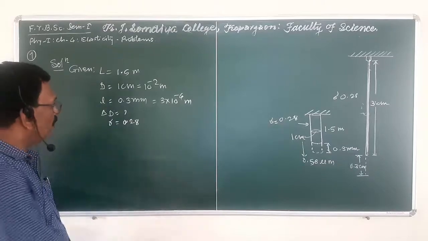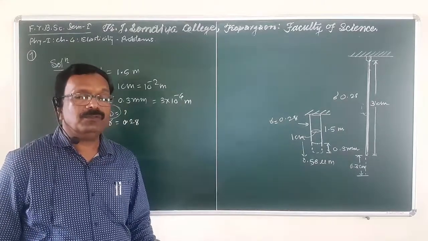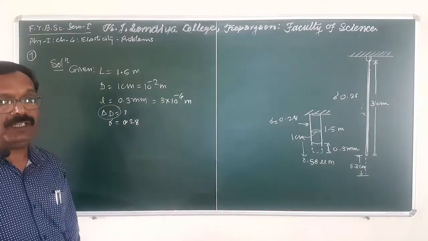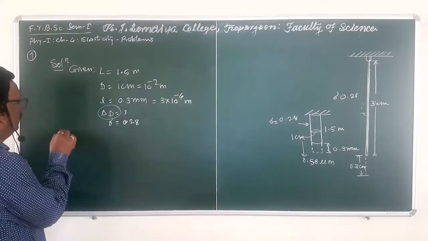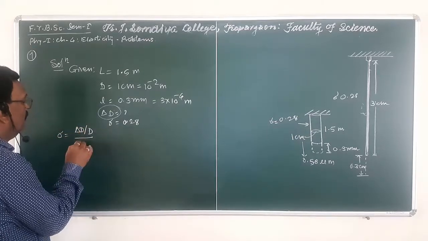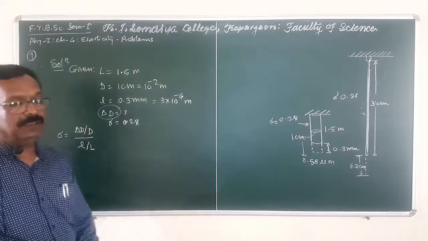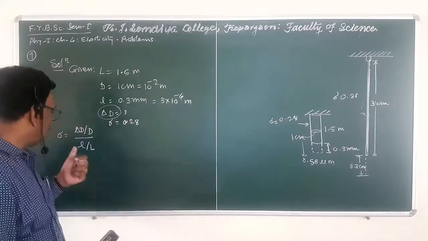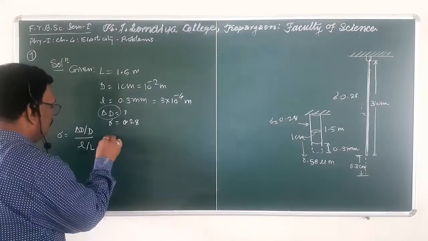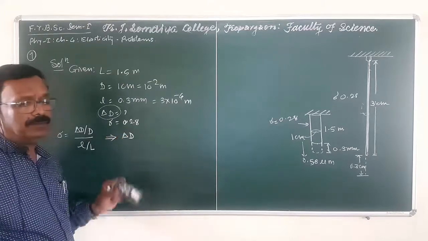Now in order to find this quantity, that is change in diameter, we have to consider the Poisson's ratio. And Poisson's ratio for a cylindrical metal rod is nothing but sigma equal to change in diameter divided by original diameter upon change in length divided by original length. Okay. Firstly, simplify this equation so that we can obtain the change in diameter.